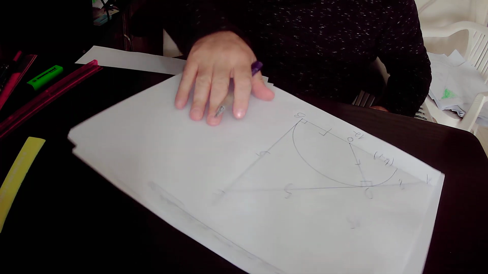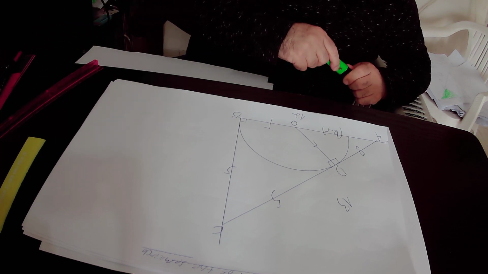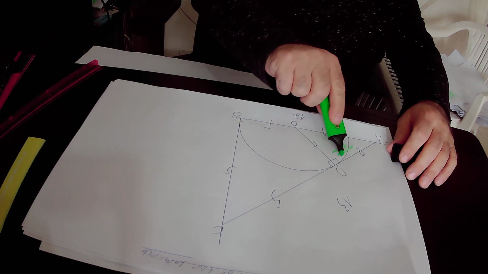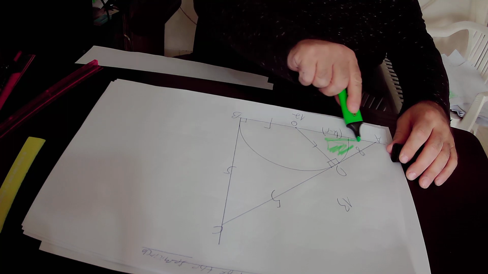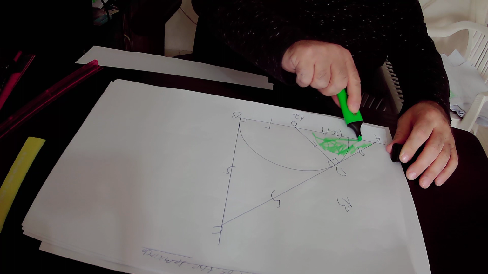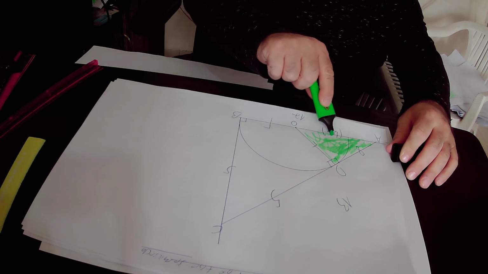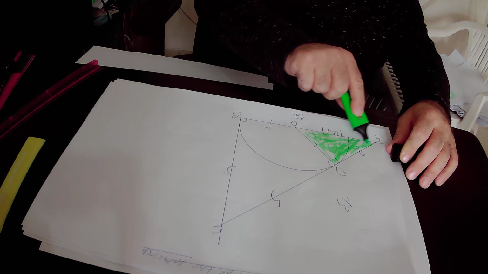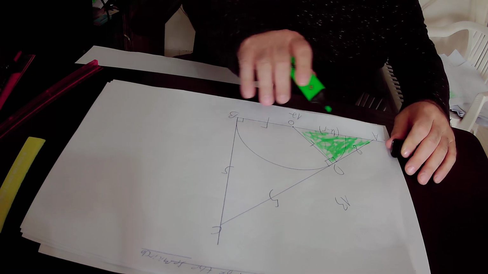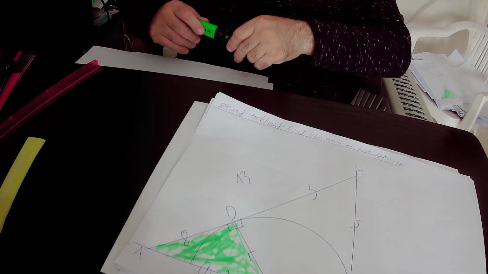And in the next step we will focus on the green right triangle, triangle ADO. So we will implement the Pythagoras theorem on the green right triangle, triangle ADO.